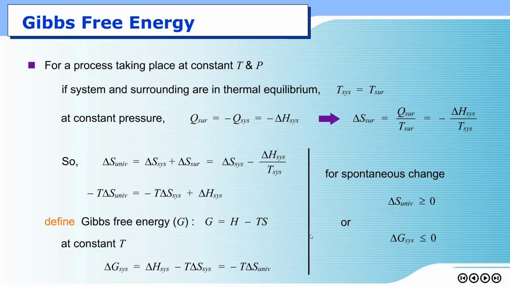So that means in this case, under the assumption that temperature is constant, pressure is constant, and system and surrounding are in thermal equilibrium, we can calculate delta G of the system only and use that sign just to determine whether the process is spontaneous or not. If delta G is less than 0 or equal to 0, then the process is spontaneous.